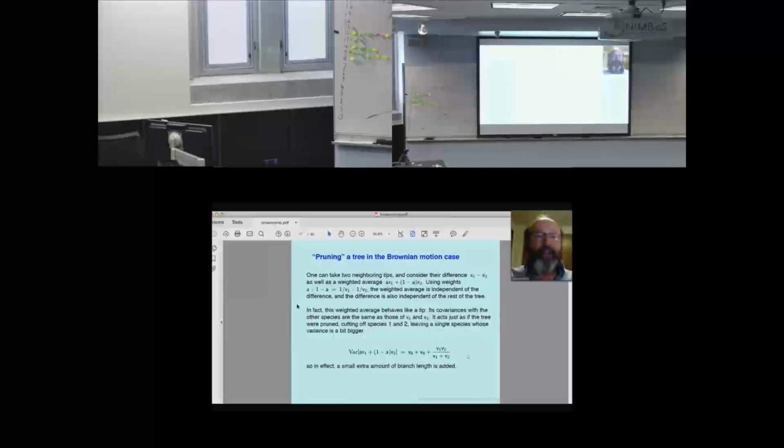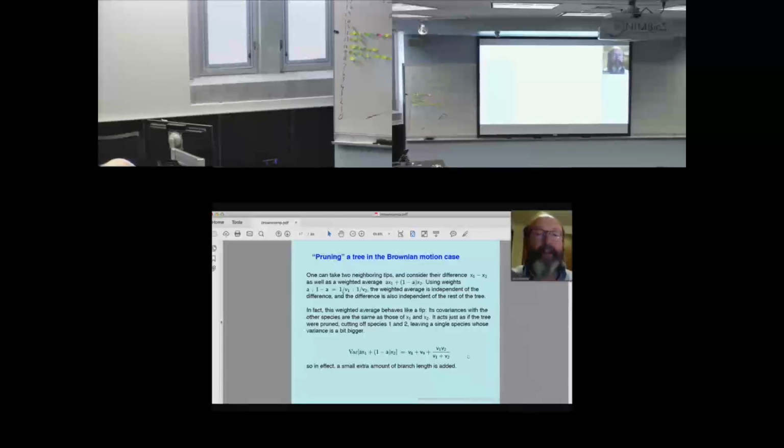We get weights, and it has a very interesting property. It has the property that the weighted average is independent of the difference. And also, the difference between x1 and x2 is independent of everything else on the tree. This is a fact that I discovered when I was doing my PhD thesis in 1967 and published for the first time, it's in my thesis, but the first publication is in 1973.